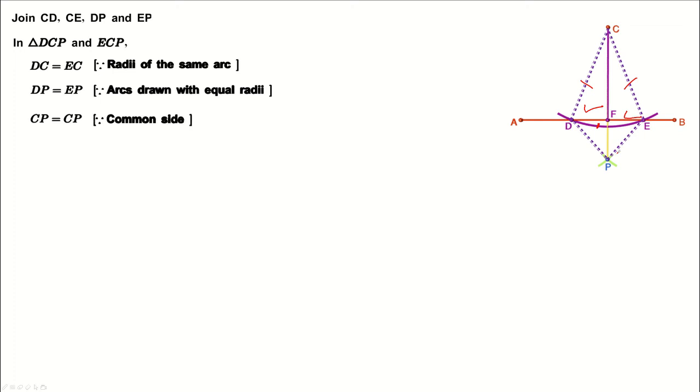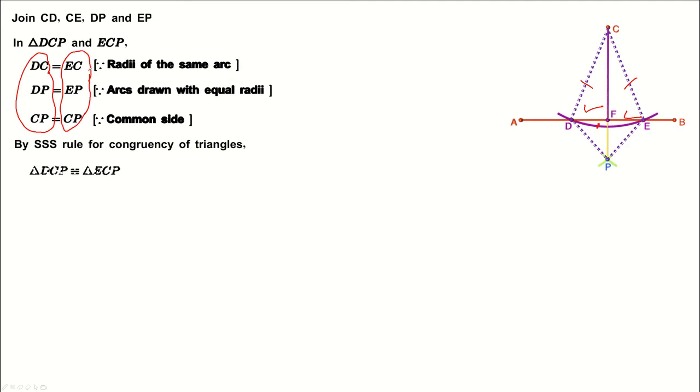It is the common side. The three sides of the first triangle are correspondingly equal to the three sides of the second triangle. This is a case of SSS rule of congruency that is applied. By SSS rule for congruency of triangles, we have triangle DCP congruent to triangle ECP.